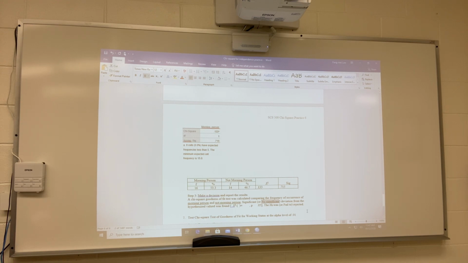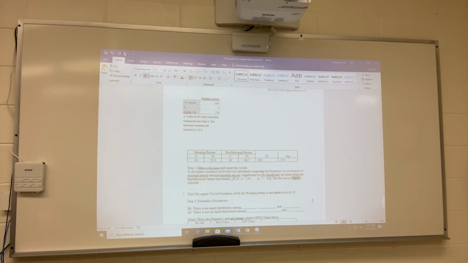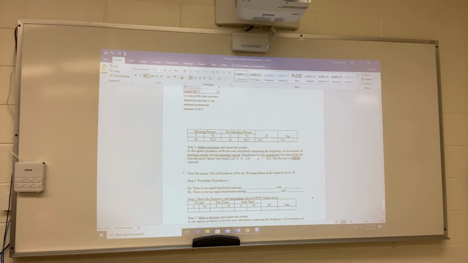So chi-square, degree of freedom is 1, equals 0.133, p is greater than 0.05. Fail to reject. So it's a little bit different with a different purpose, okay?